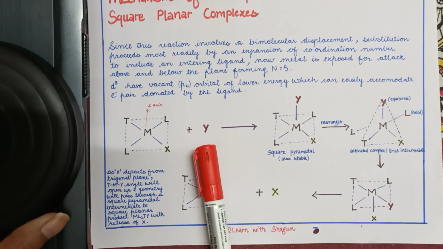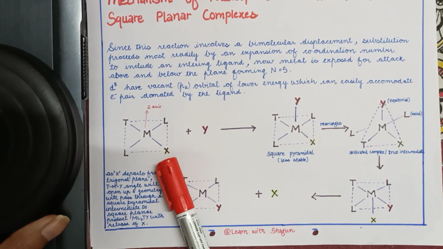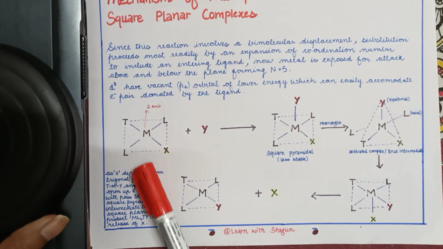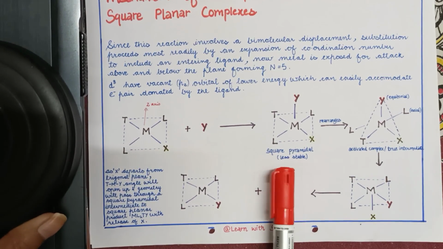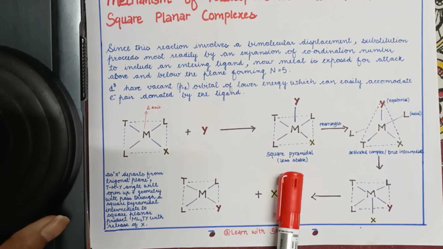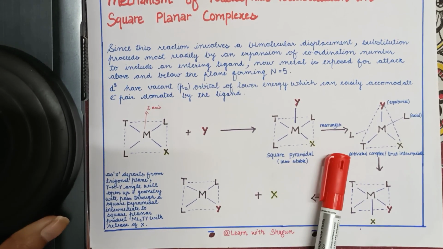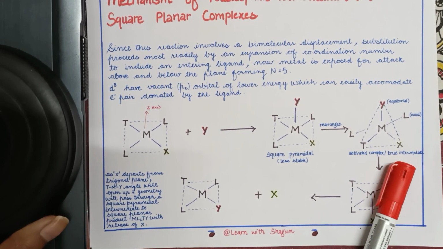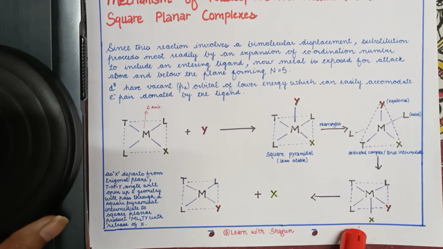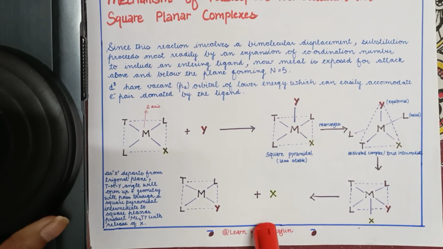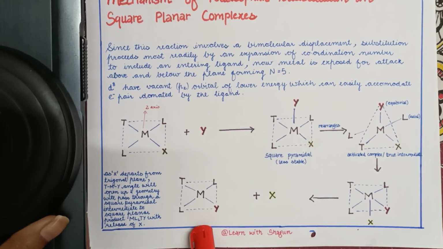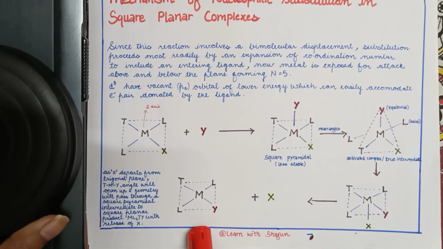Adding on of an electron rich species to a square planar complex which had a vacant pz orbital, such a square pyramidal complex which was very less stable was formed. Now it rearranged to give an activated complex which had a trigonal bipyramidal geometry. Again it passed through a square pyramidal geometry and at last the X got detached, and again a square planar complex is formed, but now in the place of X we have Y.